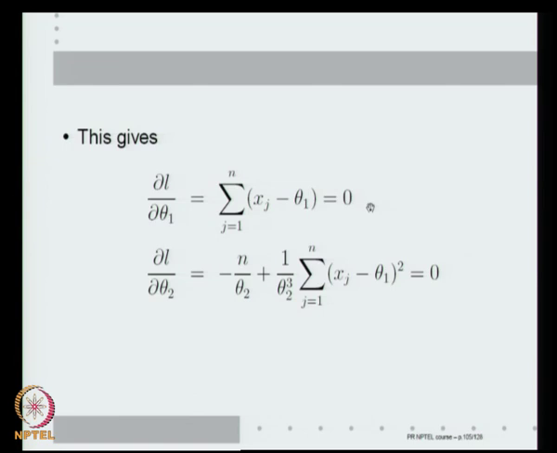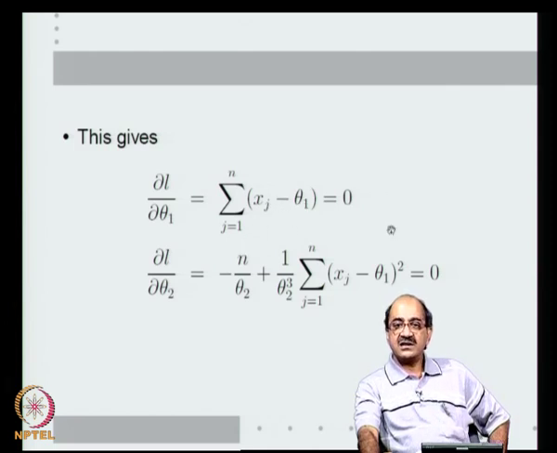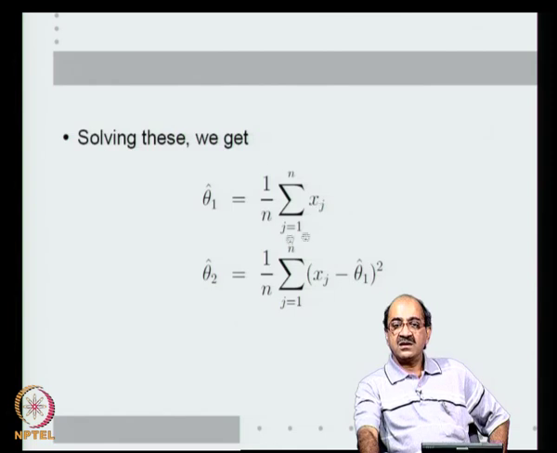The constant factor 1 by theta 2 square will also go because it is equated to 0. Now, if I crunch this, I get n times theta 1 is equal to summation x j, which means theta 1 is 1 by n summation x j. So, that is what I get as my estimator for theta 1.